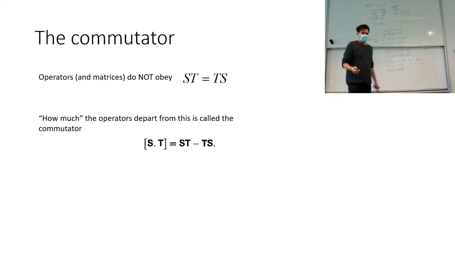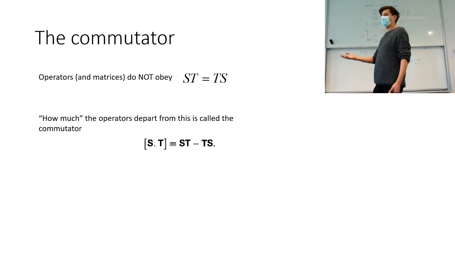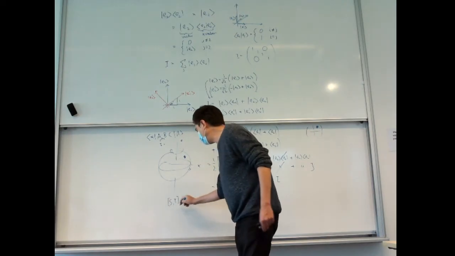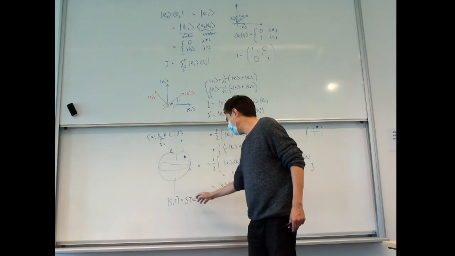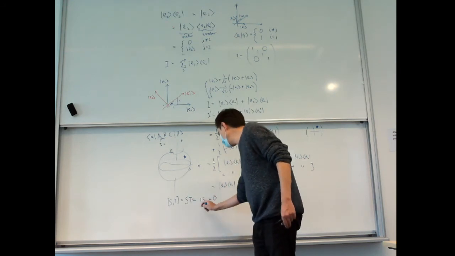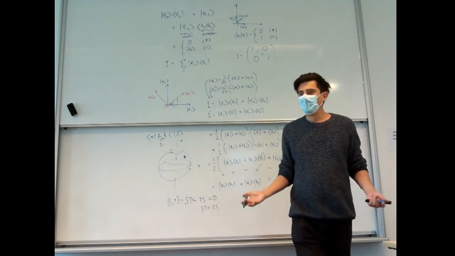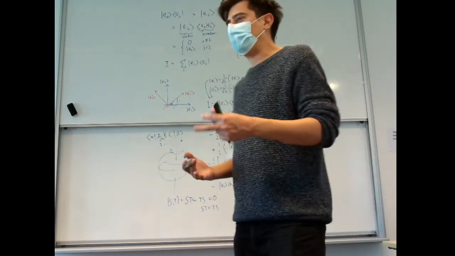The commutator of S and T is defined as ST minus TS. If that happens to be the zero matrix, then ST equals TS, and it doesn't matter what order you apply these two matrices.